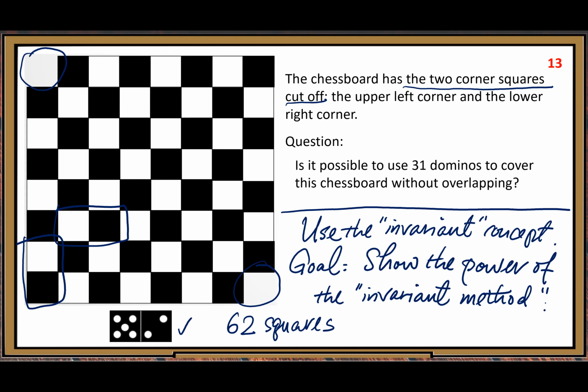If you really try to use dominoes to cover it, you can imagine how many possibilities there are. There are a large number of different ways to cover this chessboard, right? You cannot exhaust them. Nobody can exhaust them.